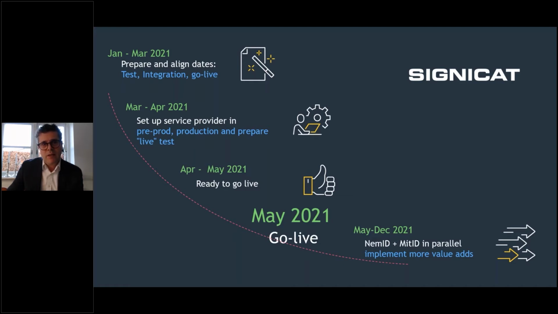In April and May, we will make things ready for the go live, which is on May 6th. From May until December this year, both MitID and the old NemID will run in parallel. Our best recommendation to you is to get started.